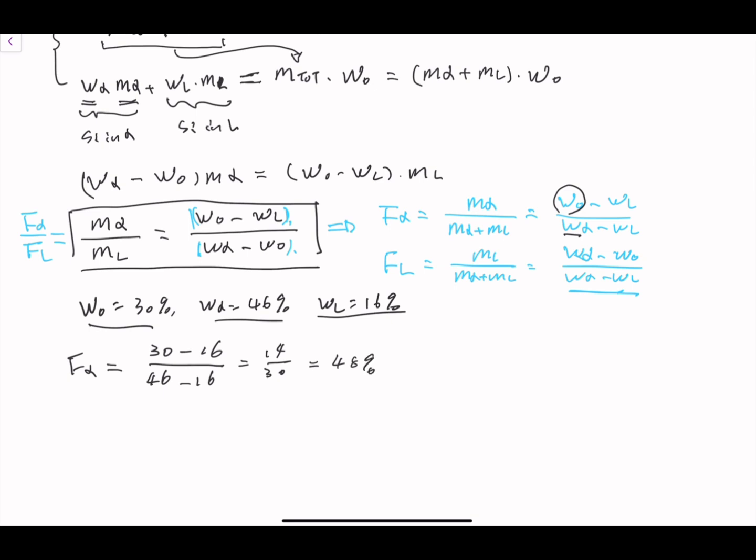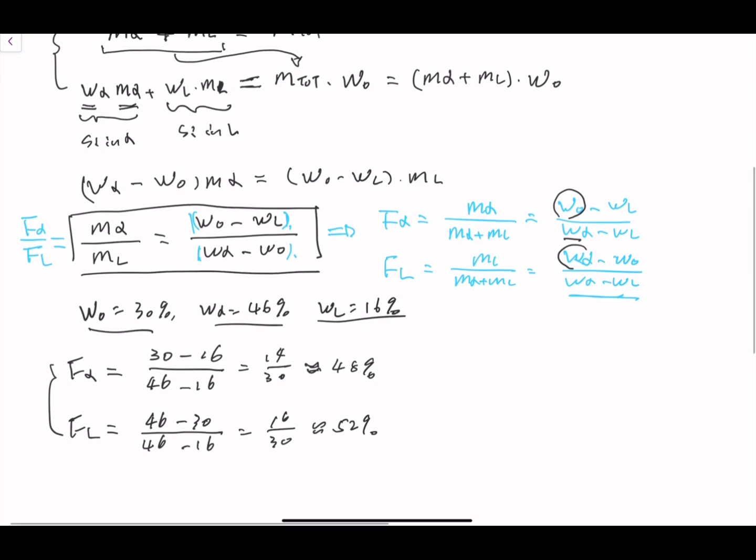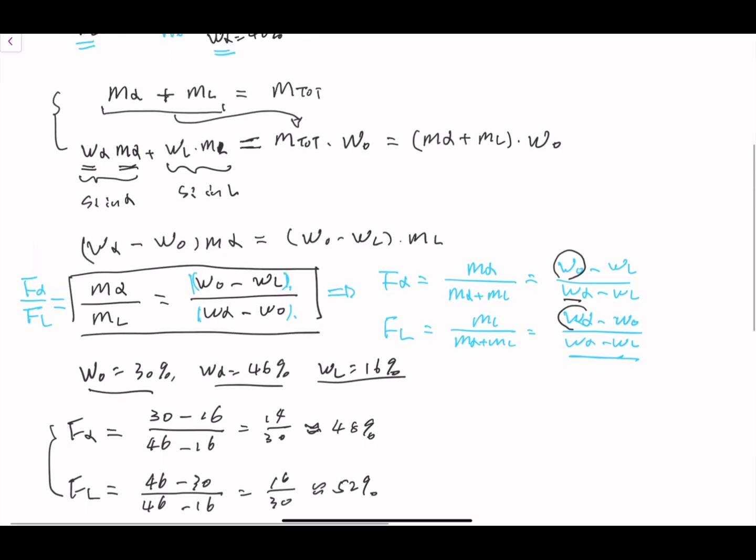Roughly speaking, 48%. And the fraction of the liquid simply equals to the alpha composition, 46% minus 30, over 46 minus 16, and you have 16 over 30. I'll say roughly this is 52%, right? So this means that if you have 100 gram of your total system, 48 gram of that system is going to be alpha phase, and 52 gram of that is going to be the liquid phase.